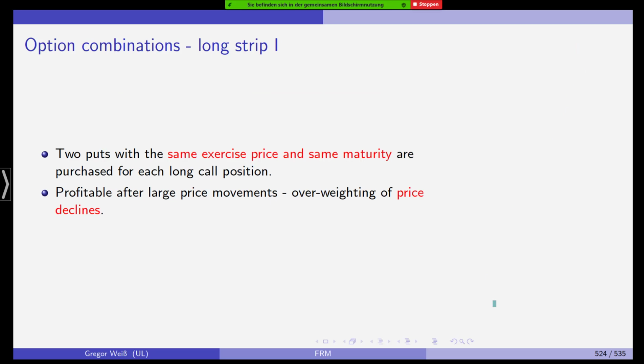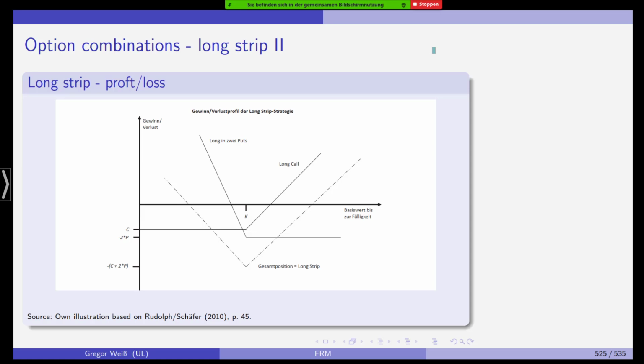Then we are closing in on the end. We have a long strip: two puts with the same exercise price and same maturity, purchased for each long call position, and this is profitable after large price movements, and this overweights price declines. Okay, next page. So this is the long strip.